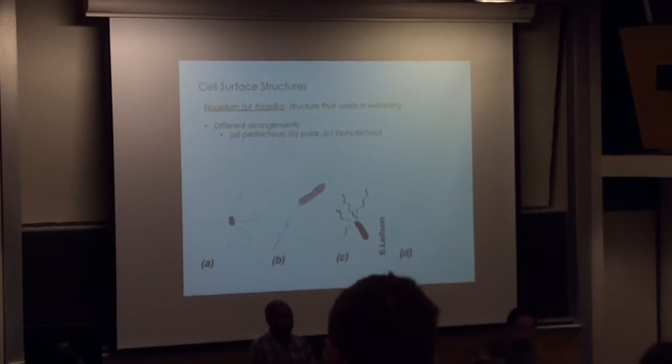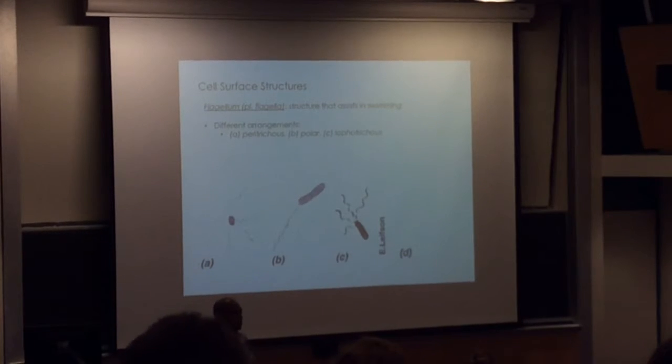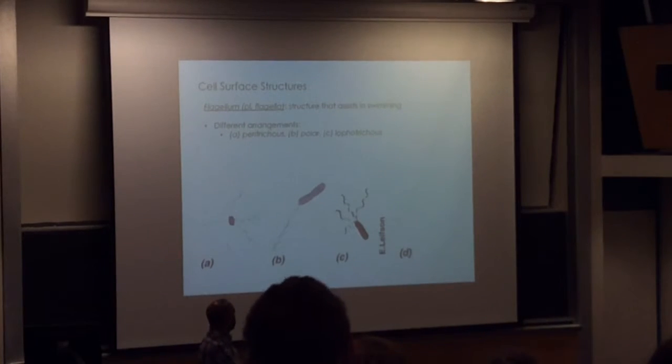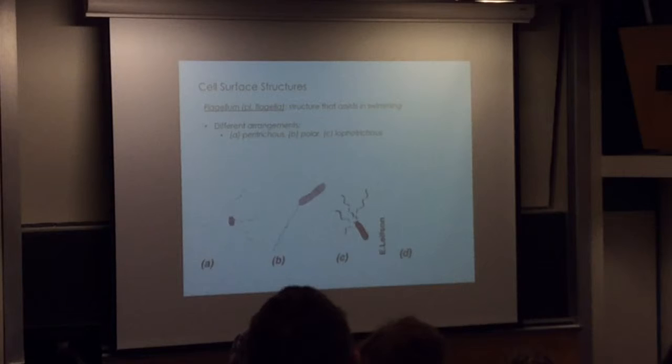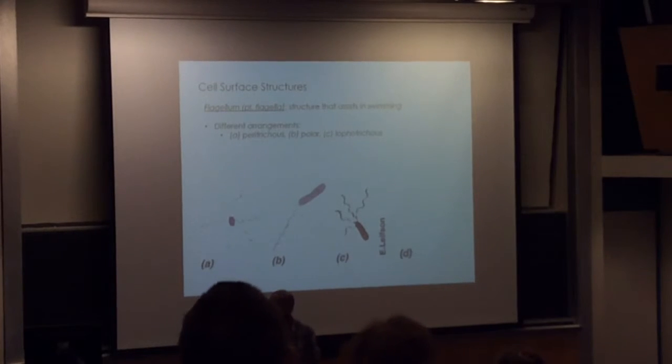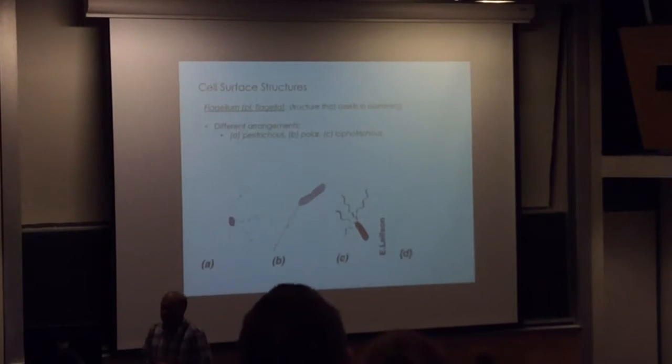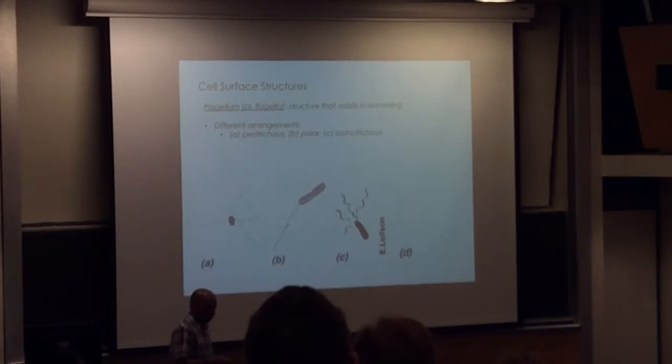Whichever way you have the flagella, you can use it for the same purpose, which is to move, either to a favorable location or away from a location that has some kind of toxin.